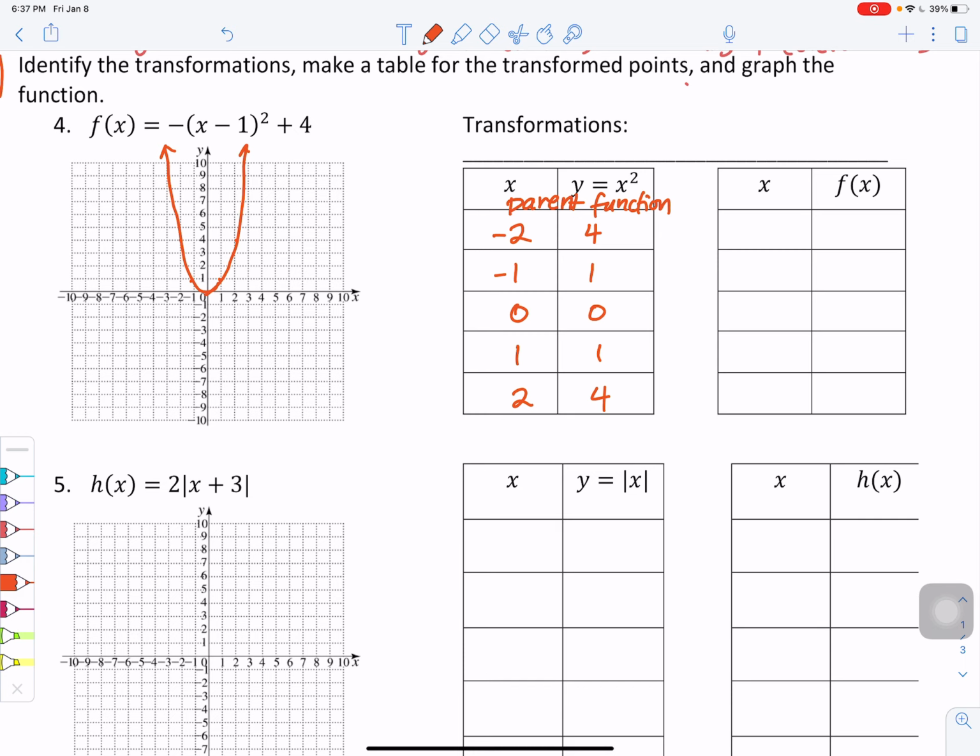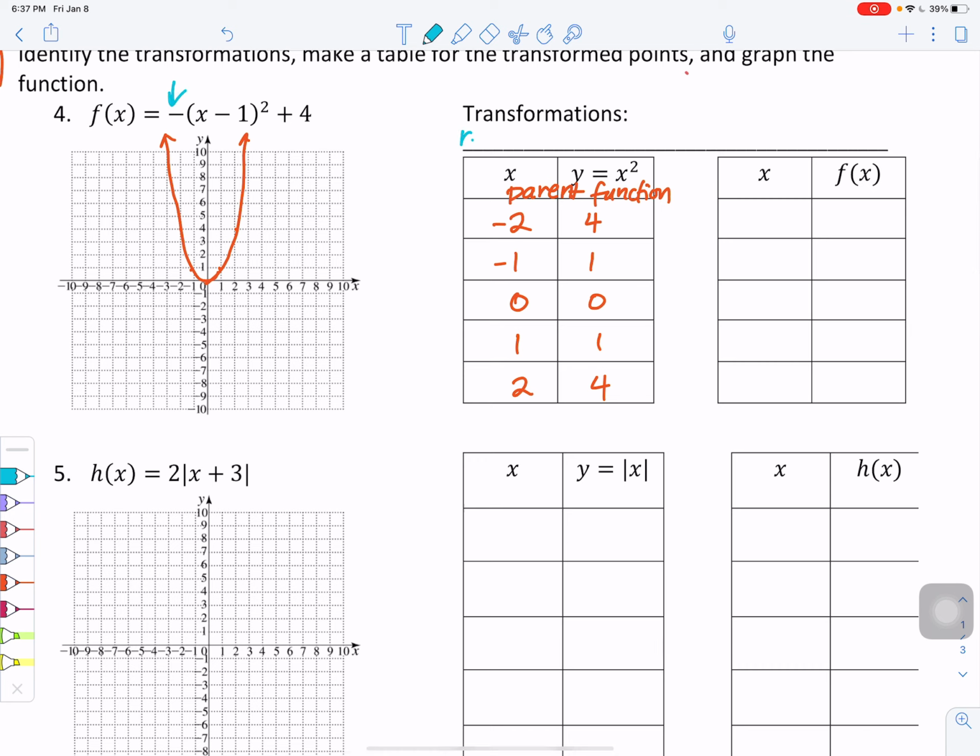Okay, now what has happened to this function? What were the transformations? The first one, as you can see, we had a reflection across the x-axis, and then we went to the right 1, and then we went up 4.